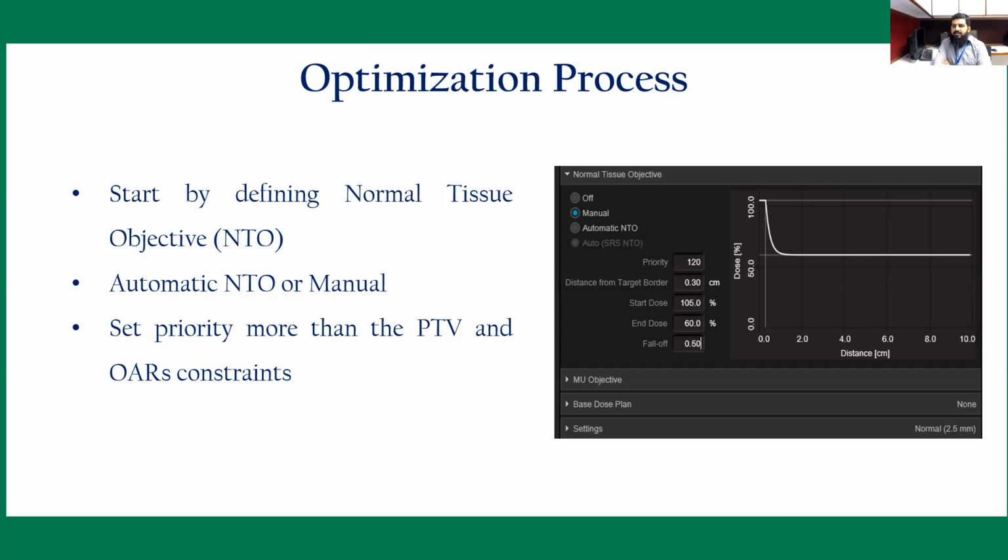The normal tissue objective can be defined automatically by setting the priority to 120, or you can set it manually with priority 120 as shown in the picture, a distance from the target border of 0.3 centimeter, a dose of around 60 to 105%, and a fall-off not more than 0.5.